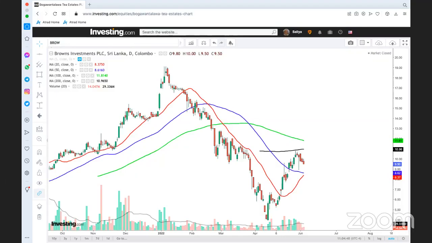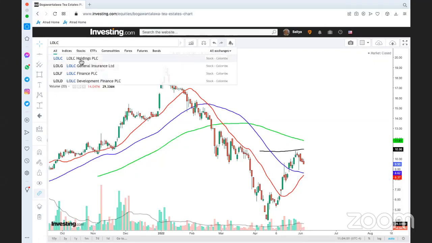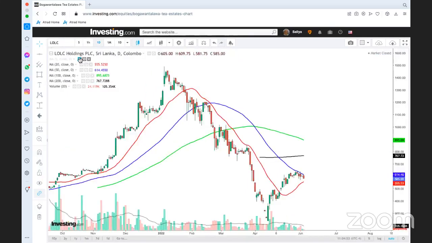Then LOLC, you can see that the 50-day is acting as the resistance, 20-day is the support, right? So again, same scenario. In this zone, it has to form a base.